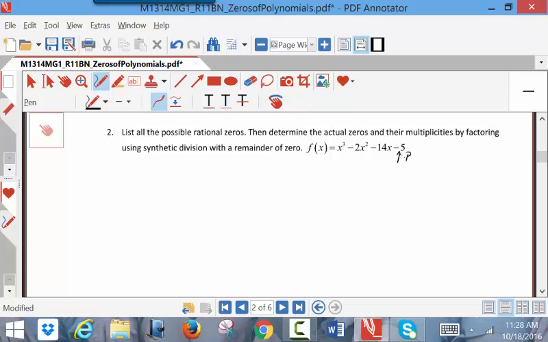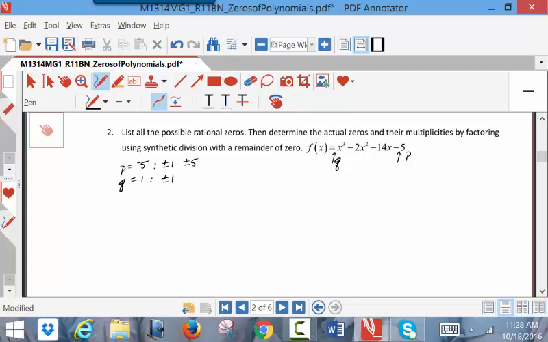The number on the end is p. The leading coefficient now is just a 1. So my p is negative 5, and my q is a positive 1. So I list all the factors of these numbers, and there's not very many. 5 has factors of just 1 and 5, but remember you have the plus-minus version of each one. And 1 just has itself.